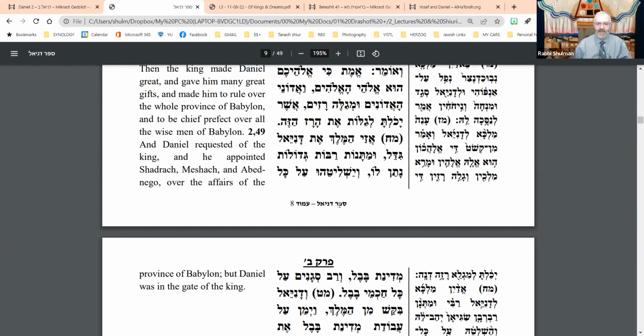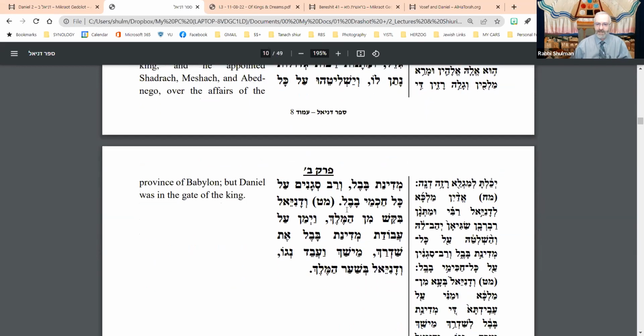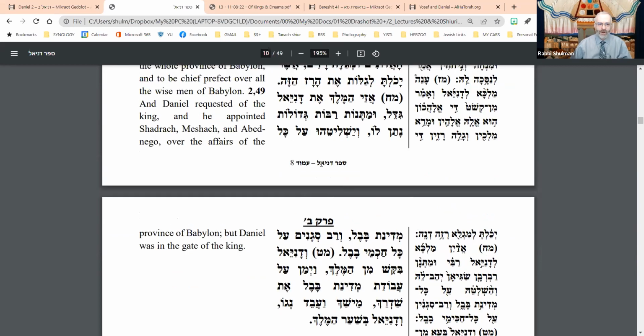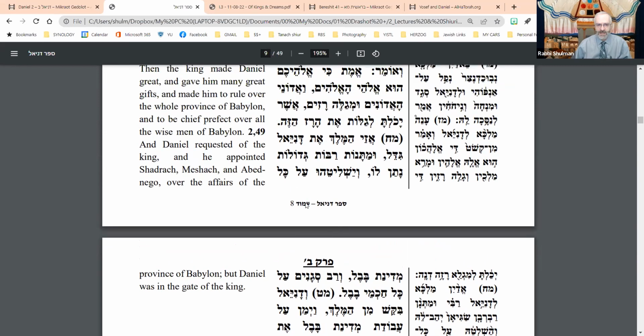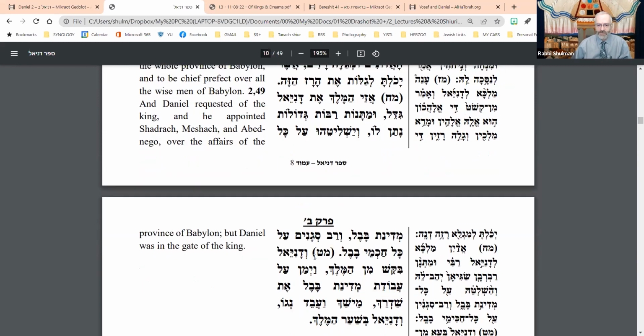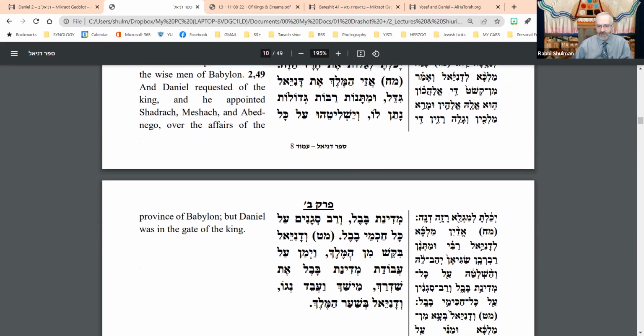And he made him a ruler over, or responsible for, the affairs of much of Bavel, and chief of the wise men of Bavel.